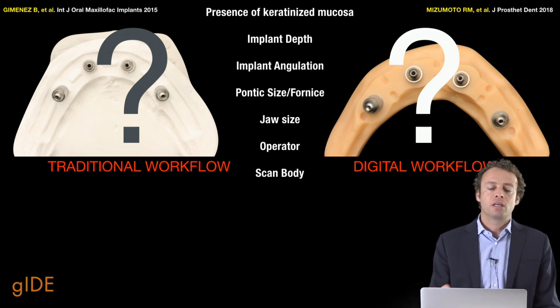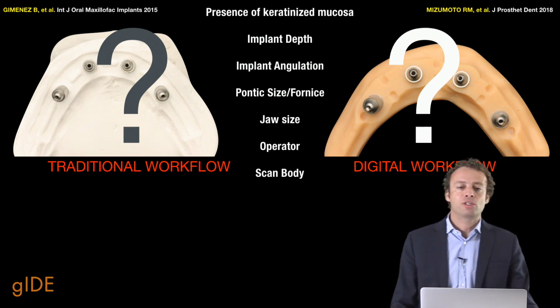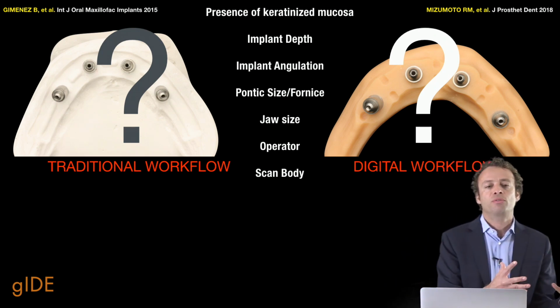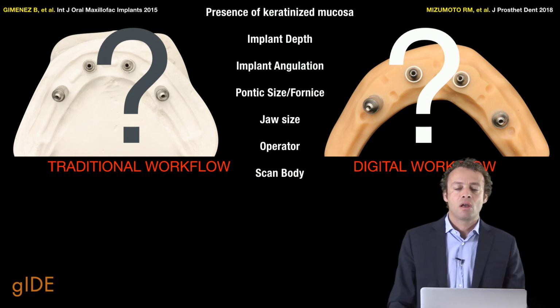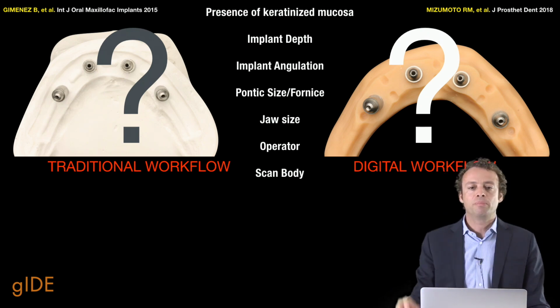And of course, in the upper jaw, when we have the palate, the reliability is much better because it's much easier for the software to find the reference when it creates the stitching between all the pictures that are made in the mouth.